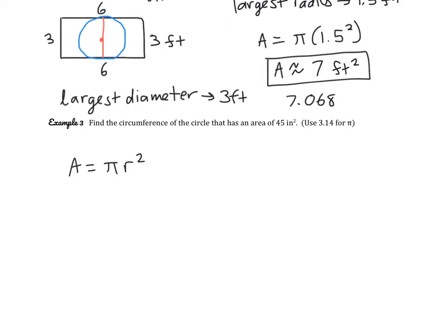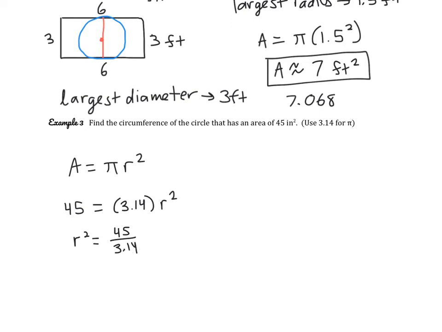So let's start by doing that. Our area is 45. We were asked to use the approximation 3.14 for pi, which is a really common thing, and then r squared. We'll start by dividing both sides by 3.14. So we get r squared equals 45 divided by 3.14.